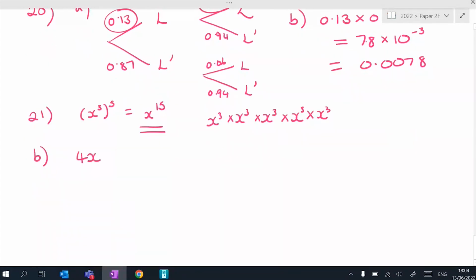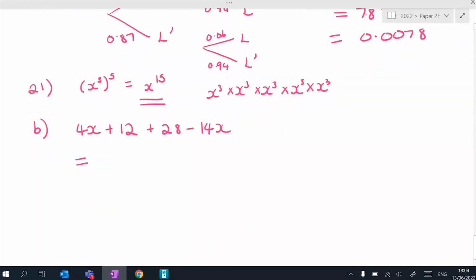For the next question, I'm going to multiply the brackets first to give me 4x plus 12 plus 28 minus 14x. And then after expanding, I can now collect the terms together. So I've got 4x subtract 14x, it gives me minus 10x, and then 12 and 28 gives me plus 40.